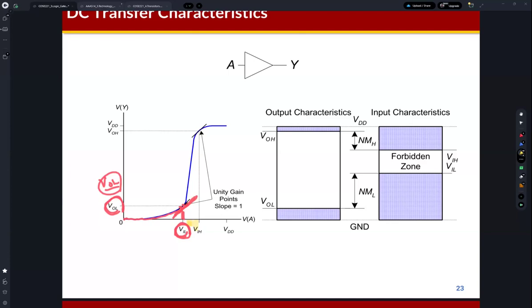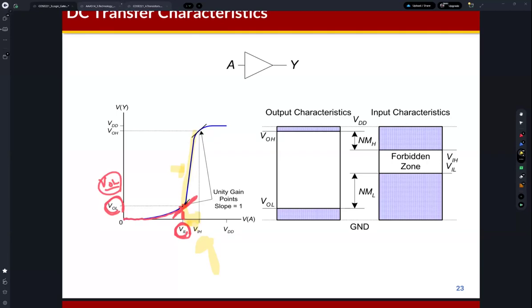So if we analyze this graph, you can find that in this range, even though the input value changes only a very small amount, the output changes very dramatically. So this range is the unstable range, and we need to avoid this range in the circuit, right?